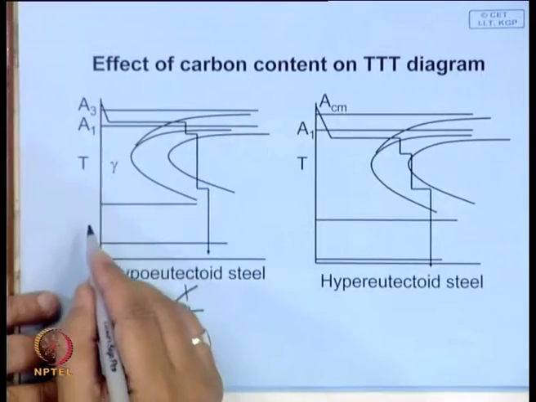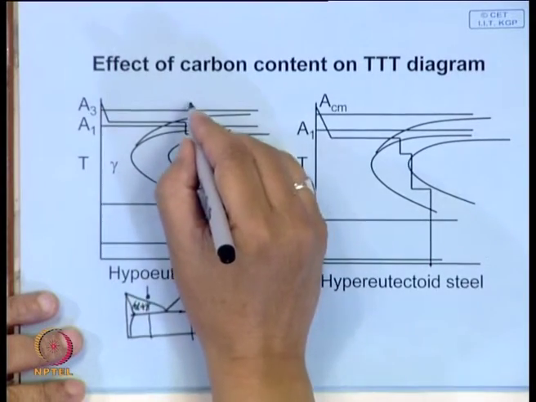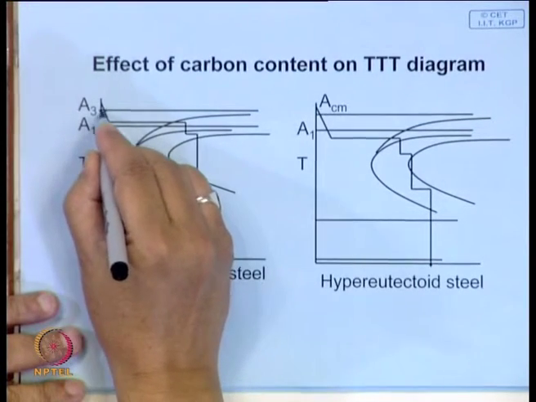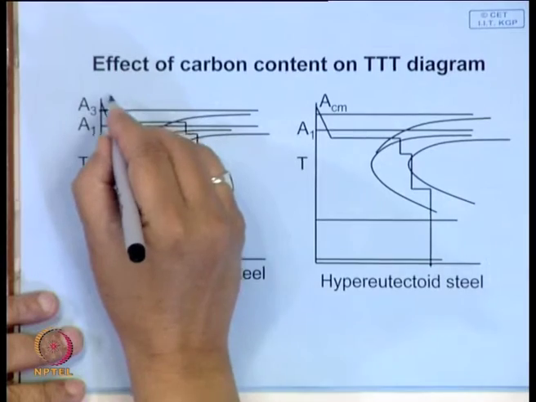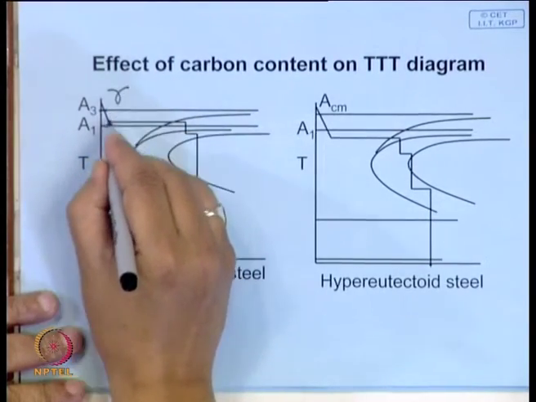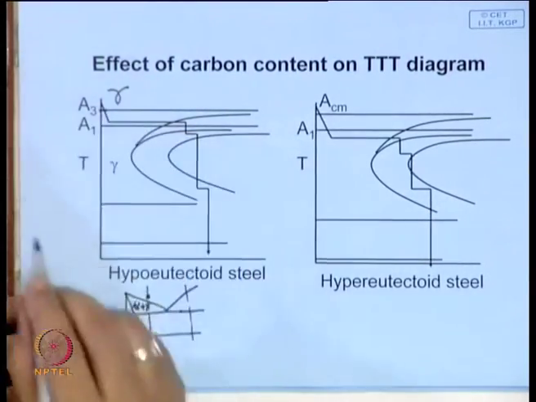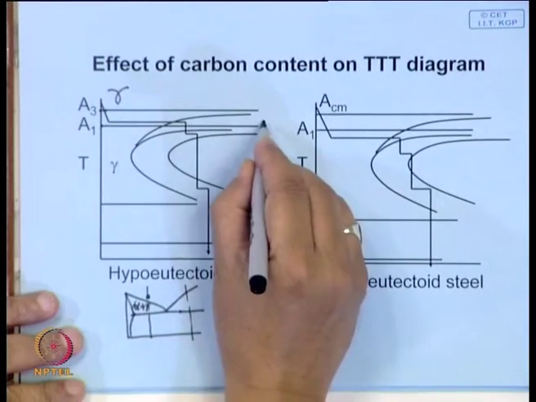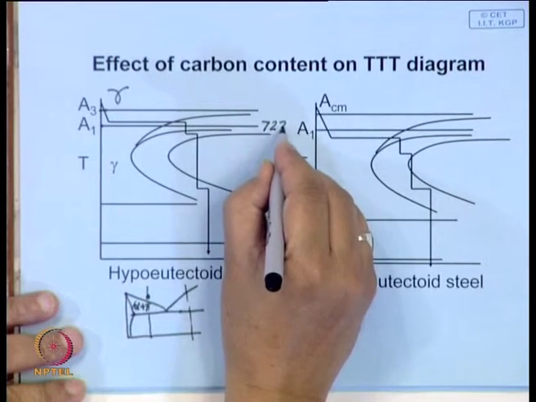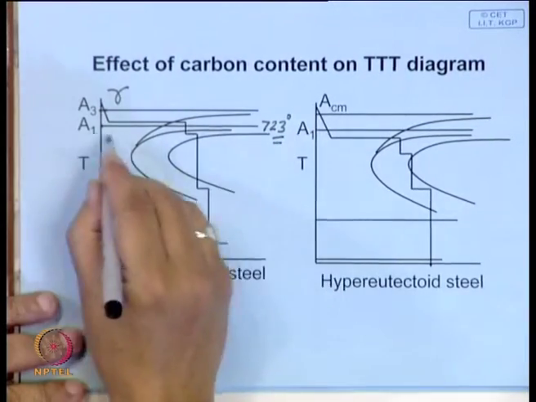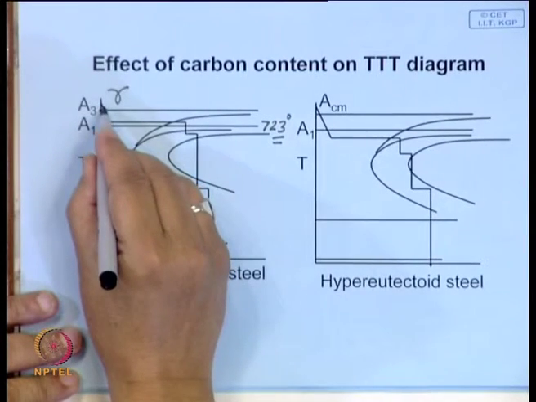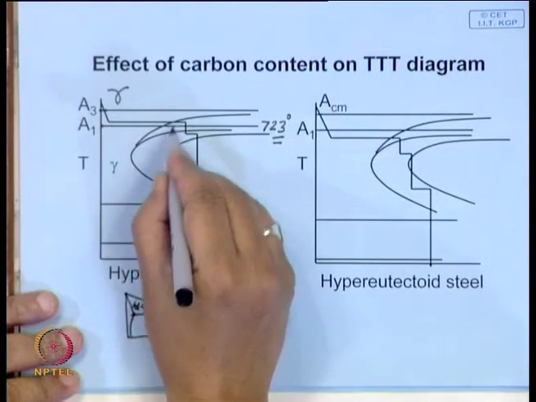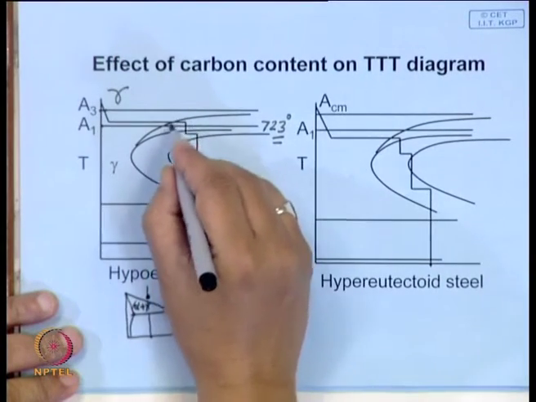The basic nature will still be the same, but there will be another critical temperature. Over this A3 you have full austenite. When you heat it above A3, you get homogeneous austenite. A1 is the eutectoid temperature, which is roughly 723 degrees centigrade. When you start cooling and hold it isothermally, after some time pro-eutectoid ferrite will start precipitating out.